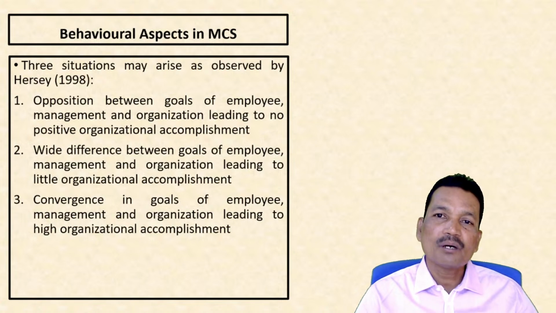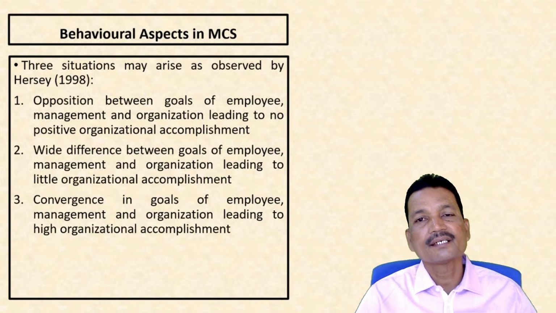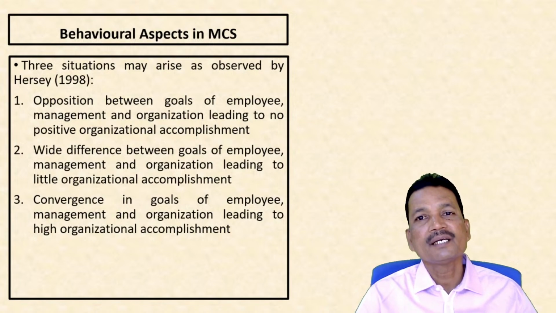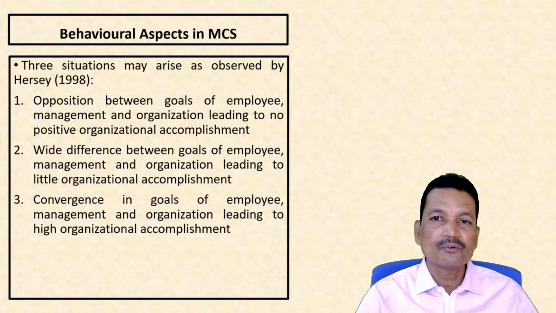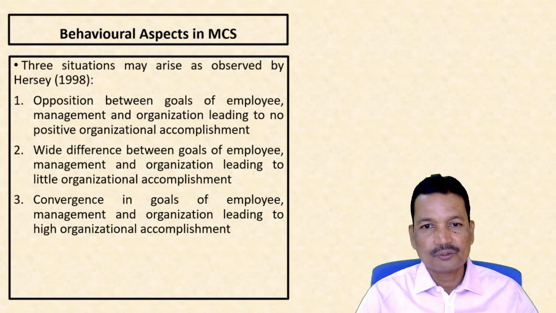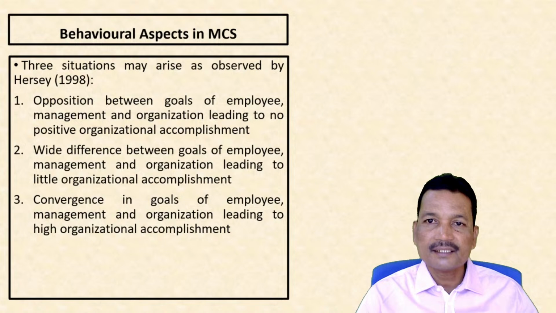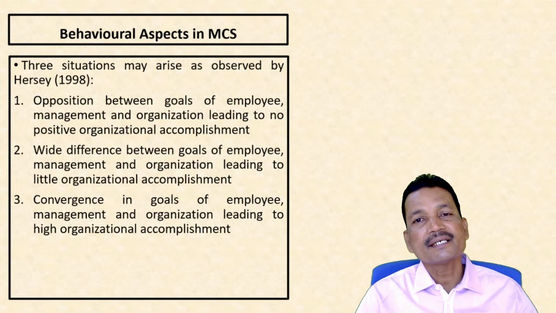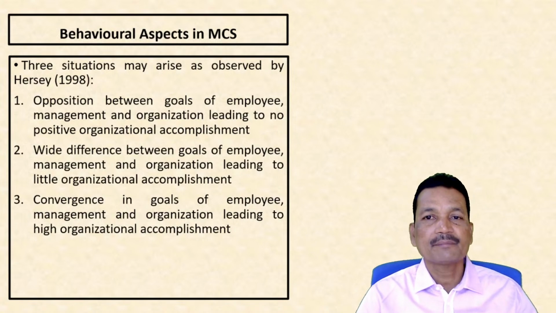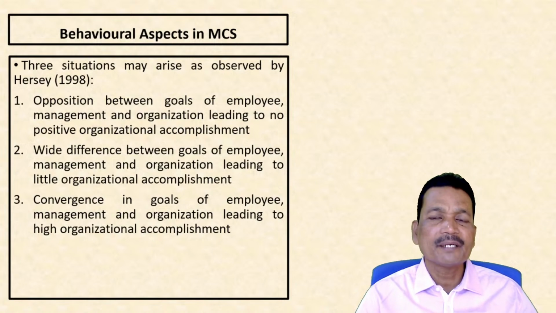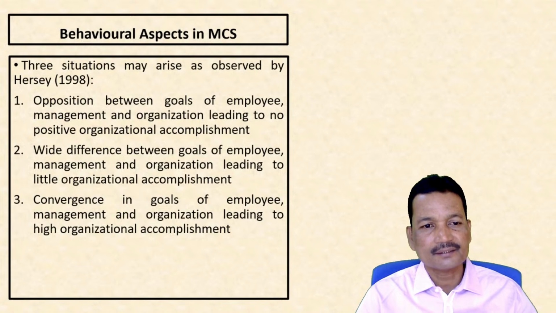That means the organization wants, suppose, to achieve a target of this much volume, but employees only think that we shall achieve a volume of sales which will give us only a profit amount. So here the organization is thinking about maximization, but employees are thinking of only breaking even. So here we can have organizational accomplishment, but it will be very negligible or very less.